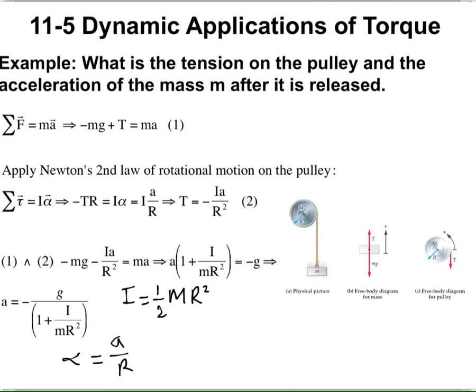If you choose the upward direction as positive but this direction of rotation as negative, then A and alpha will be inconsistent, right? Because the positive A will not give you a positive angular acceleration. So these choices must be consistent with each other.